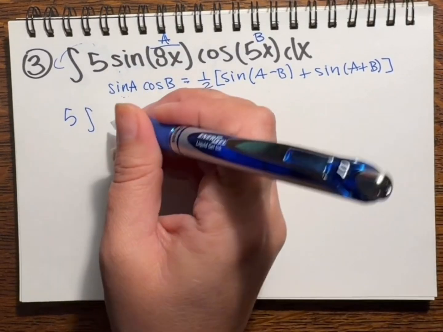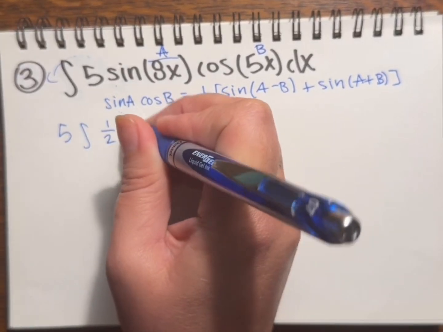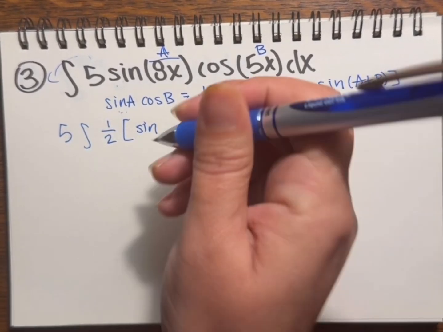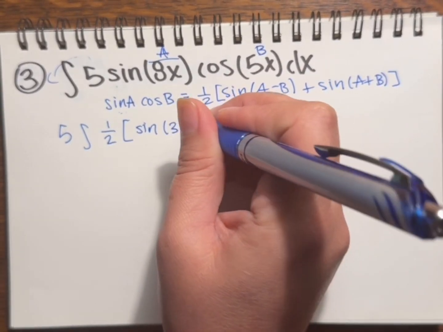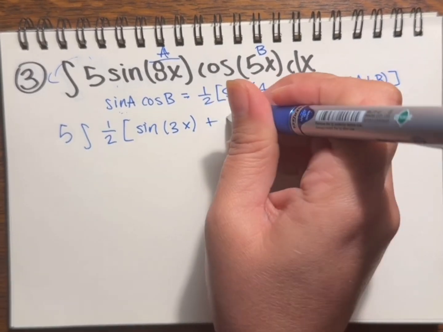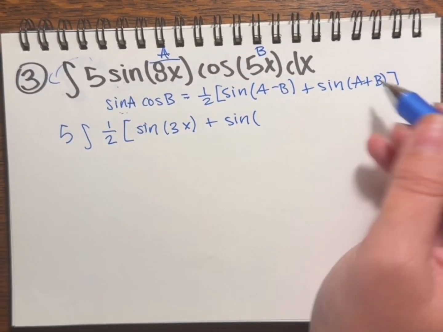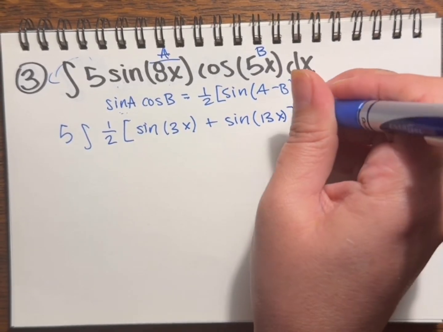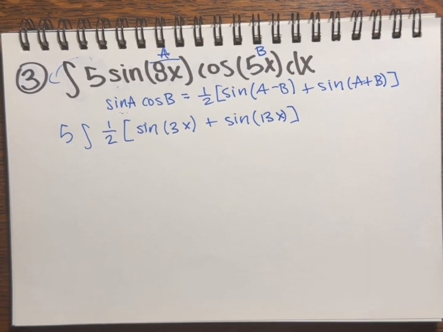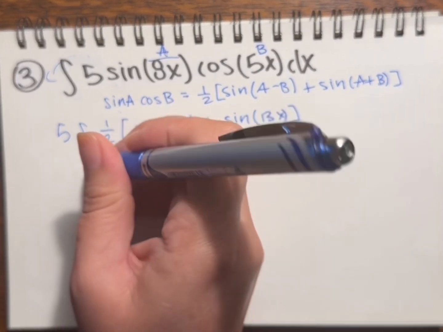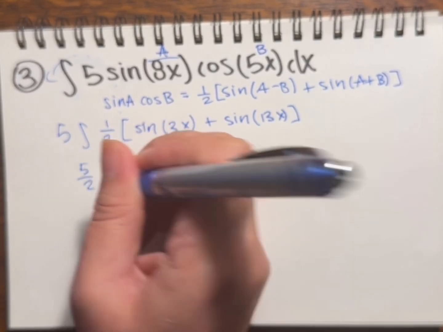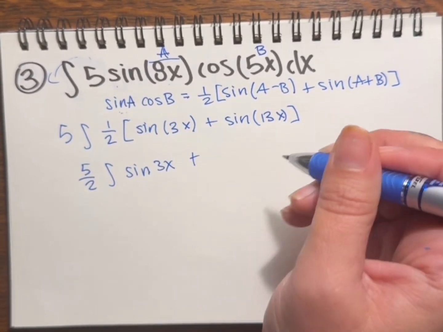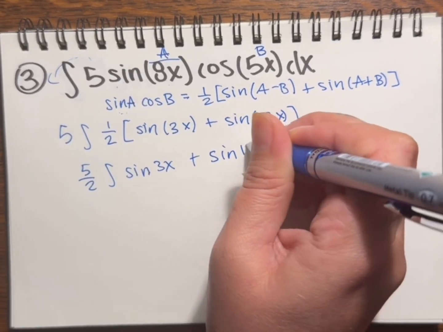Okay, so then this is 1/2 sine A minus B, 8 minus 5 is 3, plus sine of A plus B, 8 plus 5 is 13. Okay, and I'm going to bring the 1/2 to the front. So this will be 5/2 times the integral of sine 3x plus the integral of sine 13x.